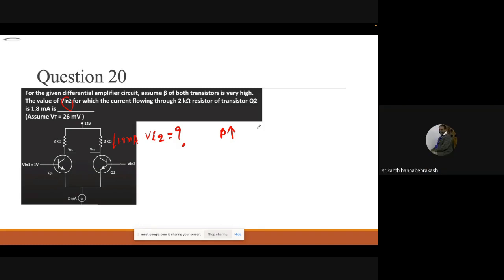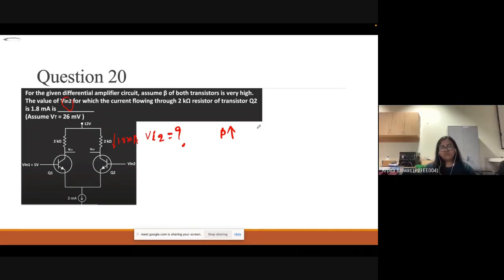Madam, 3.6 volt is flowing, but V input actually has a different formula. Okay, let's find out how we will calculate.